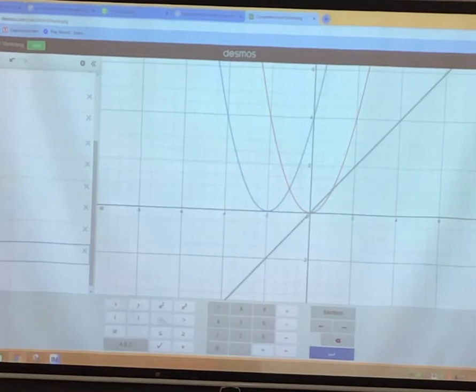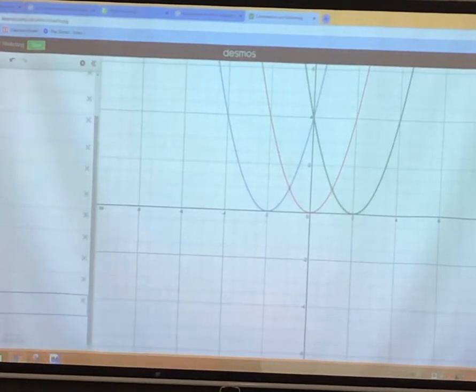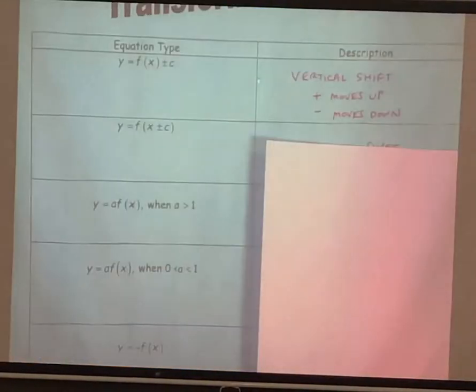So if we do x minus 2 and square it. Again, here's the parent function. We go plus 2, it moves it left, that's the blue curve. If it's minus 2, it moves it to the right, horizontal shift. Okay, so let's go ahead and add that to our transformations. So horizontal shift.